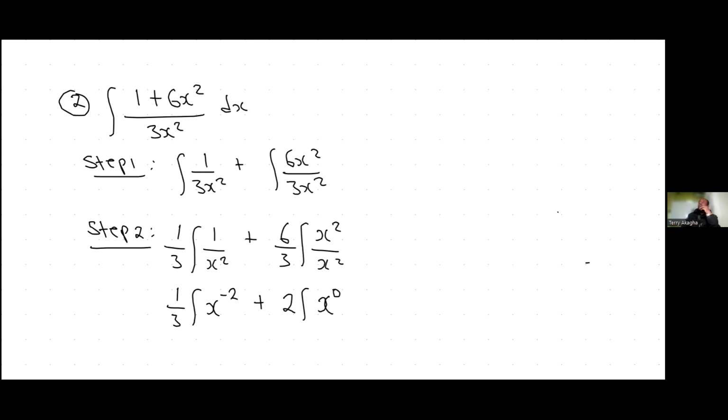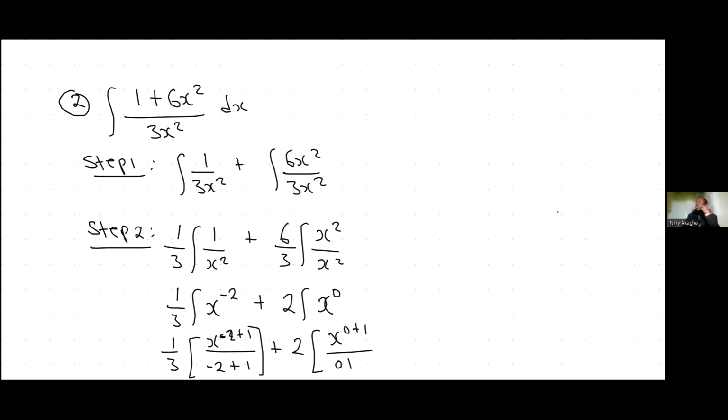Okay. All right, so we have this. So the next thing is that we want to integrate this. So it's going to be 1 over 3 into x raised to the power minus 2 plus 1 divided by minus 2 plus 1. So remember, you add 1 to the power divided by the new power, plus 2 into bracket x raised to the power 0 plus 1 divided by 0 plus 1.